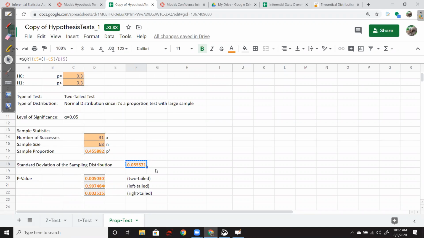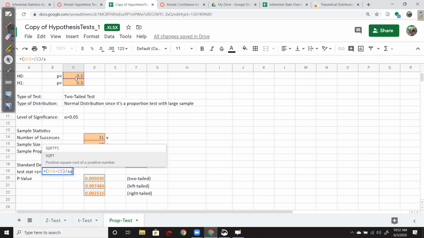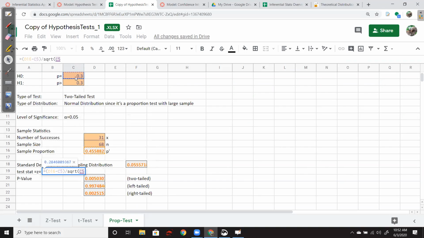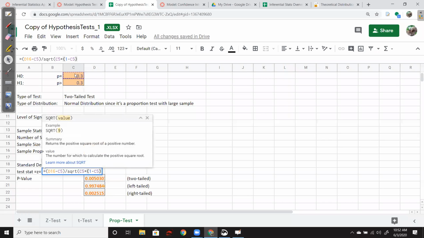I didn't put a spot for the test statistic on here, but if I wanted to add that in, test stat, which is a z-score, it would be parentheses, my sample minus the population from the null, divided by the square root, which has its own parentheses, and that would be P. I don't have the Q here, so I'm going to have to go times parentheses 1 minus P. That calculates Q, close the parentheses, and divide by the sample size.